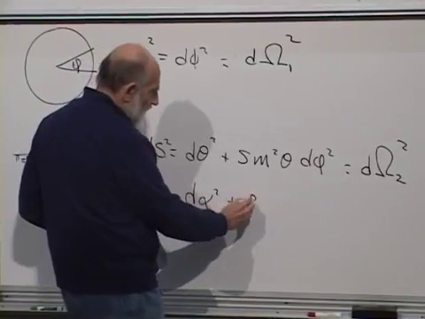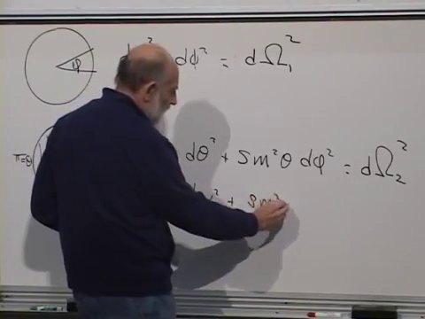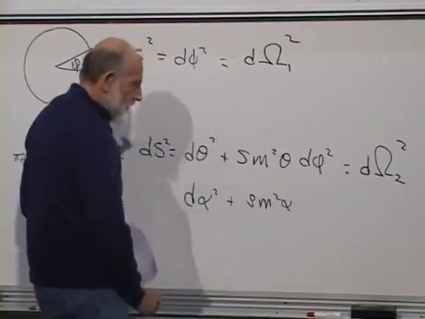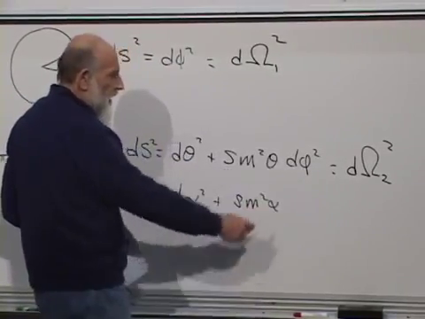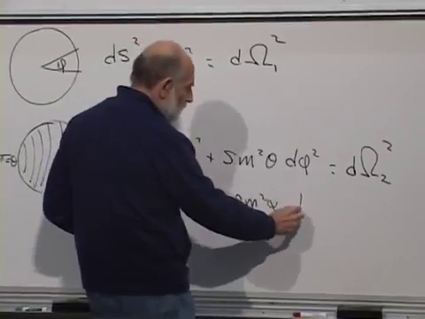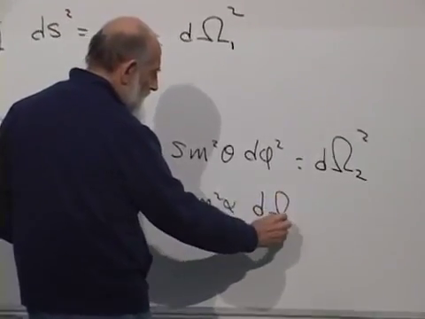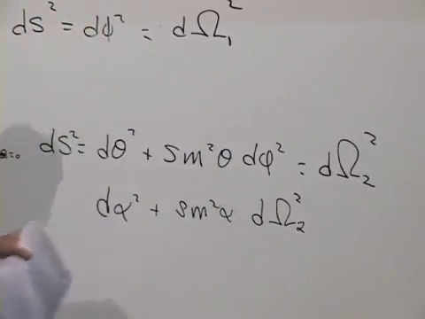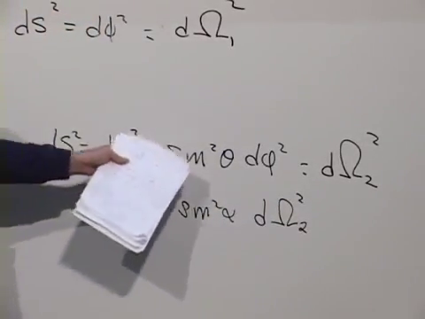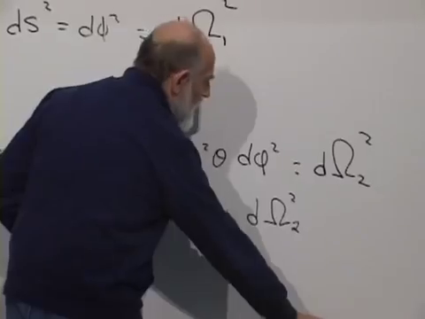And you have to write sine squared of alpha this time, not d phi squared, but d omega 2 squared. Let me write this d phi squared. Instead of writing it d phi squared, let's call it d omega 1 squared.